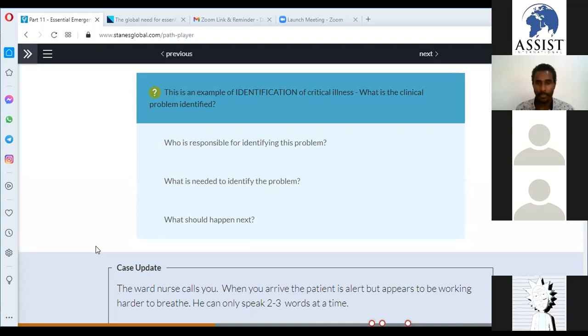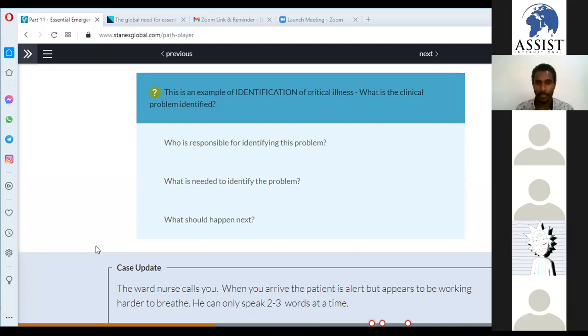How is the patient doing? And also any concern from the health professionals or from the caregivers can prompt us to initiate our evaluation for possible critical illness.